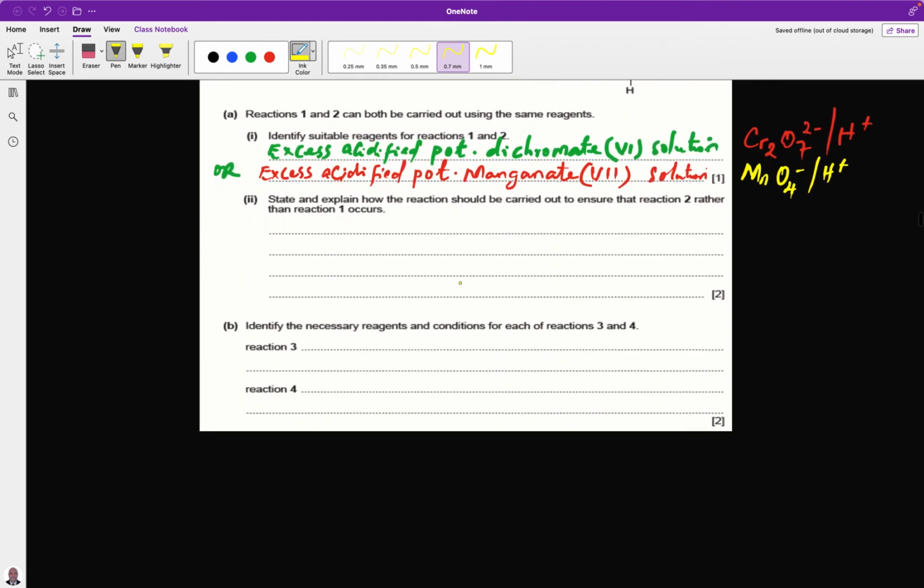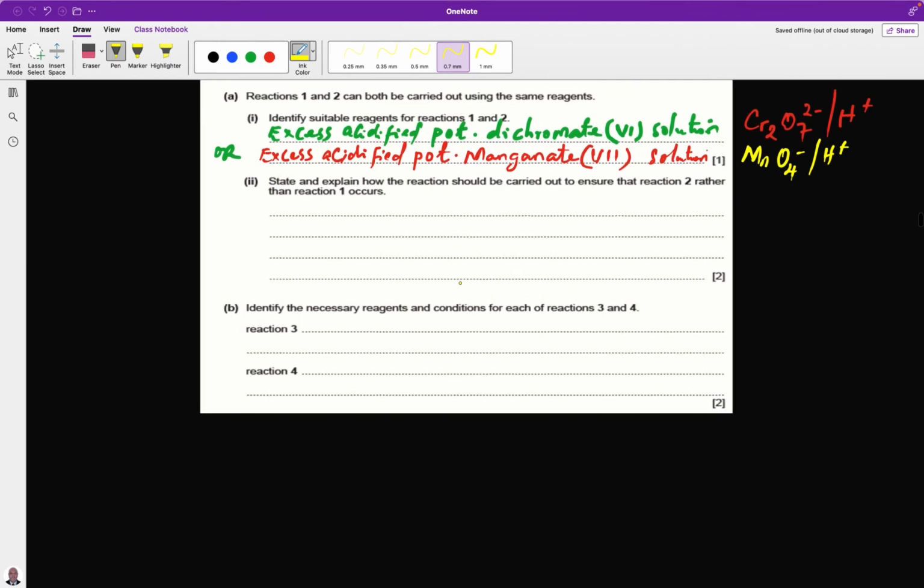If you are in the examination room, what you are expected to state is that you have to heat excess propan-1-ol under reflux with excess potassium dichromate 6 or excess potassium manganate 7 solution.